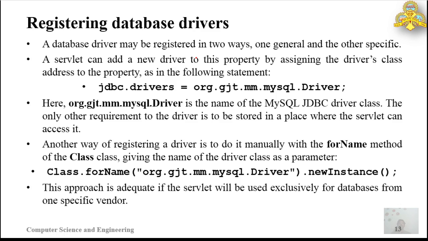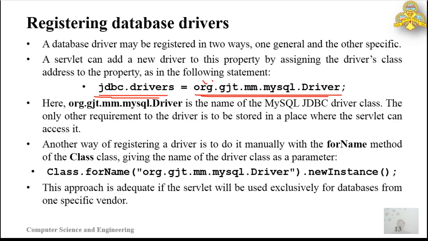While continuing with the connection, we have to register the database drivers. There are two methods. One is the generic one, in the configuration files of the database JDBC driver, where we provide the list of classes, that is the path, in the configuration variable jdbc.drivers.